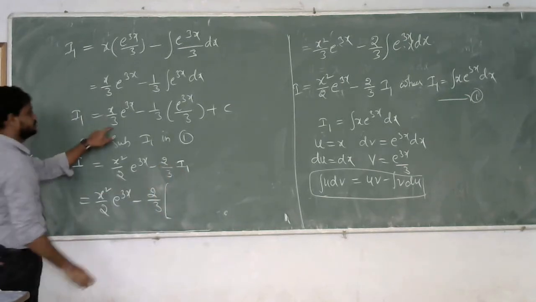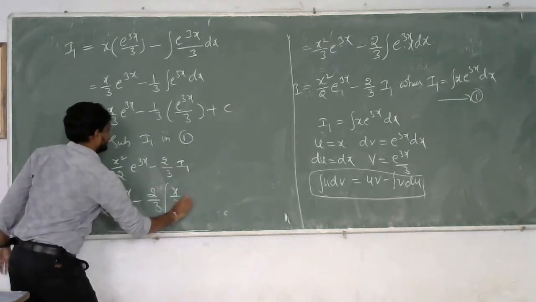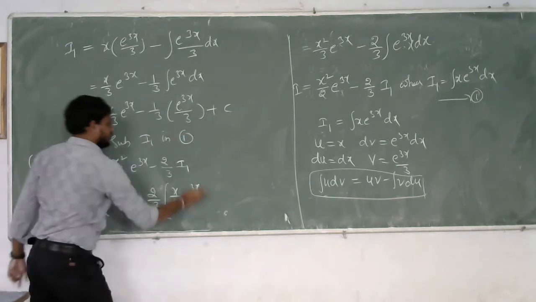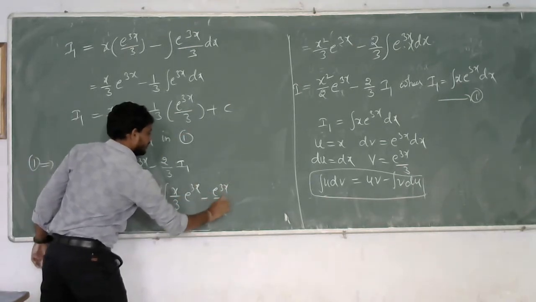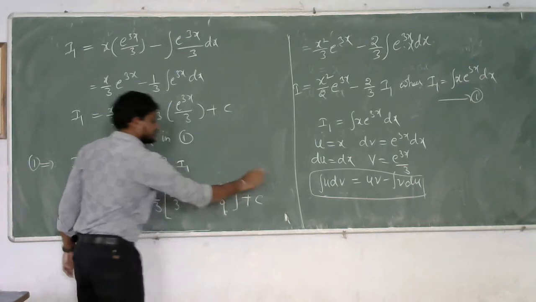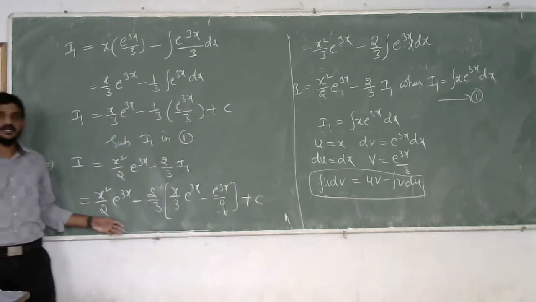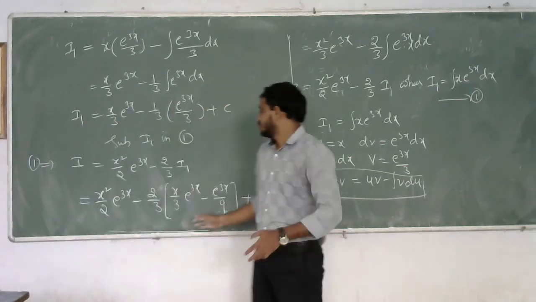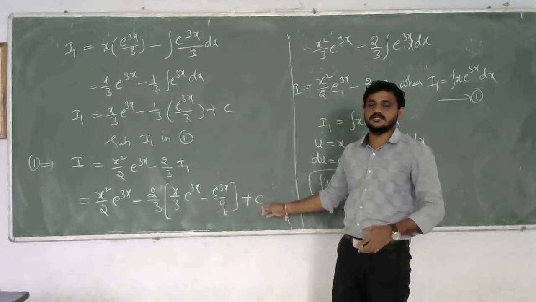What is I1? x by 3 into e power of 3x, and 3 into 3 is 9, e power of 3x by 9, plus c. Right? So this is the integral of the given function.